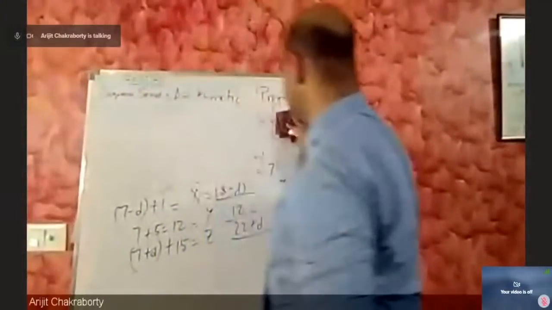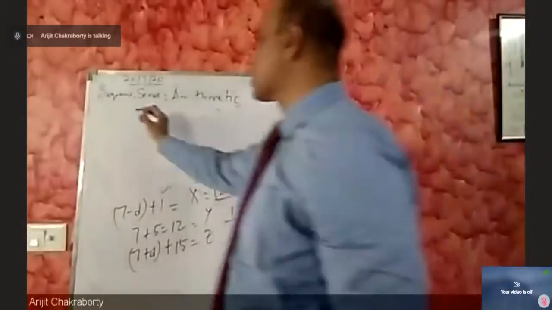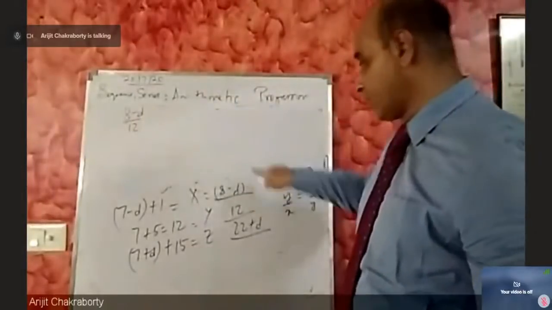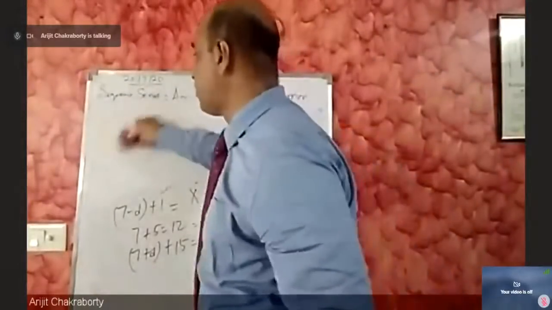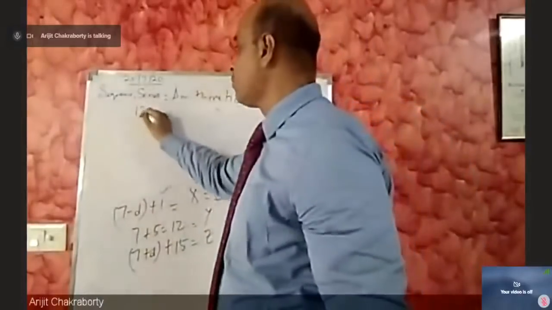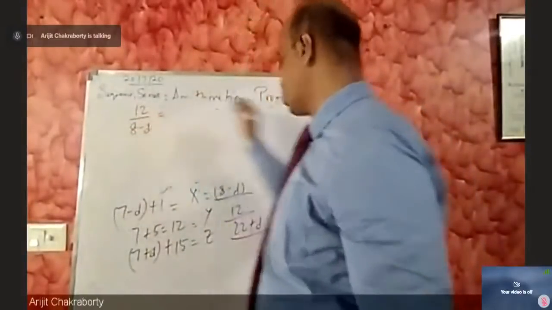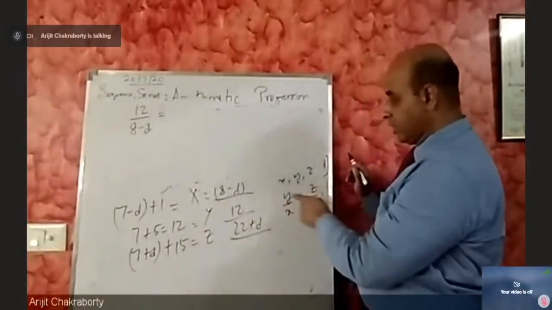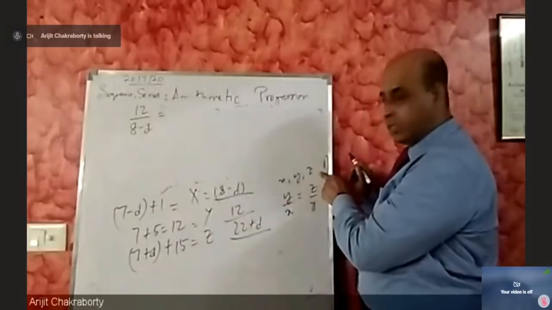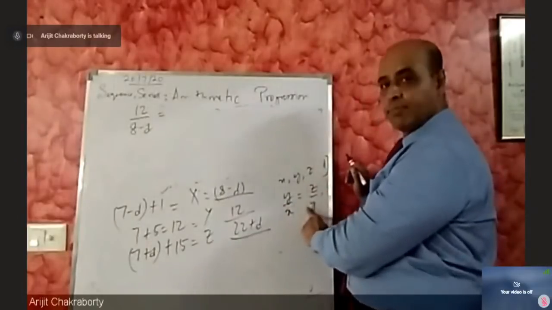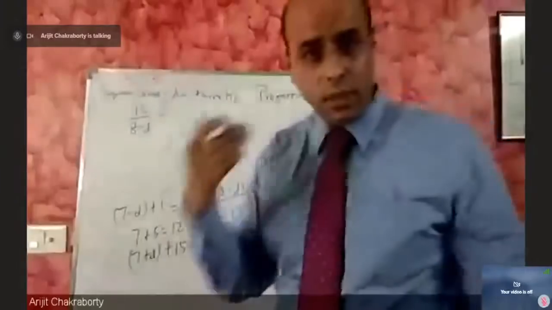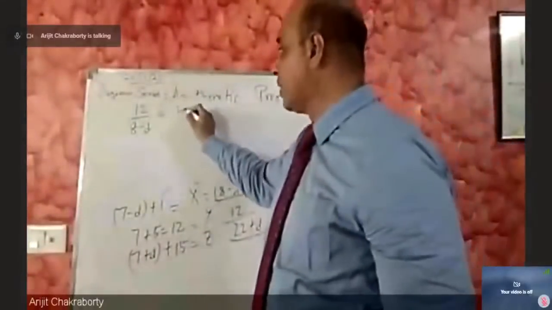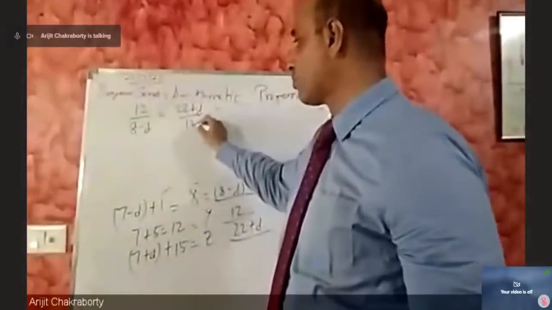So 12 divided by 8 minus D should be equal to 22 plus D divided by 12. If X, Y, Z are in a GP, then Y by X should be equal to Z by Y. That is the common ratio. So 12 by 8 minus D should be equal to 22 plus D by 12.